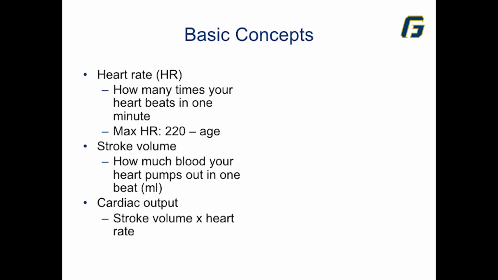So we can use these values to help plan out the intensity of our own cardiovascular workouts. If we're really interested in a low intensity, long duration type workout, and that's what we want to plan for, we might set our workout to be around 50% of our maximum heart rate.